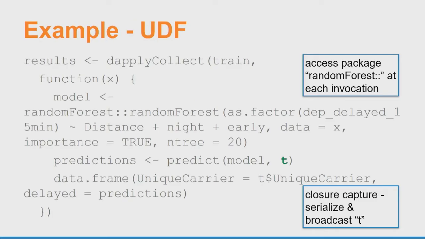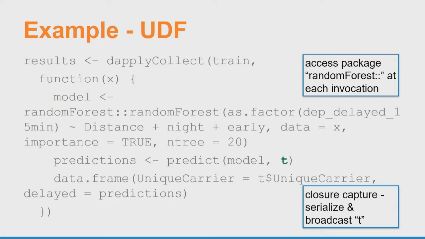So let's look at a deeper, longer example of this. Let's just say you have some training data, you want to call dapplyCollect. You have this UDF you want to specify inline here. And then what you do is you call randomForest, which is a popular random forest package in R, and you call it using this namespace notation.